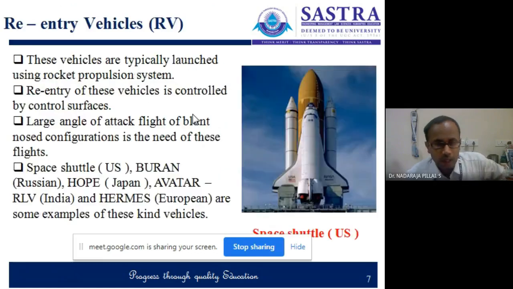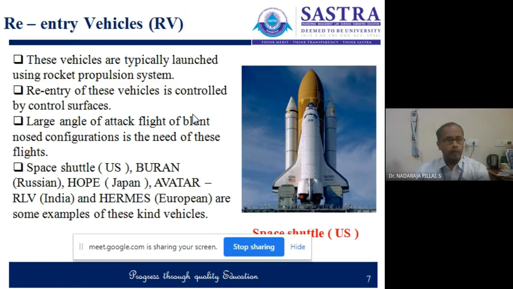Now, to start with the re-entry vehicles. These vehicles are typically launched using a rocket propulsion system, whether it is a solid rocket or liquid propellant, whatever it is.